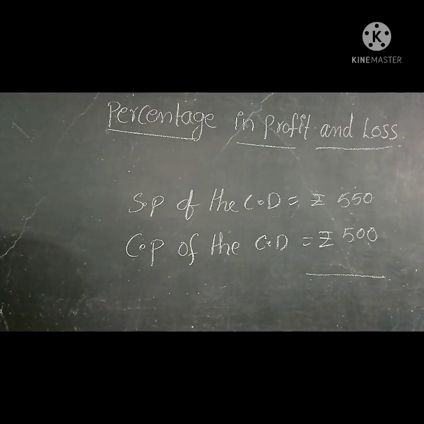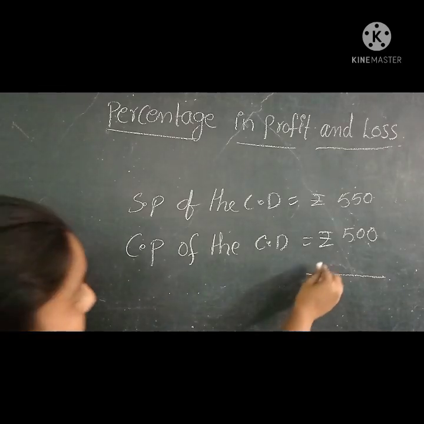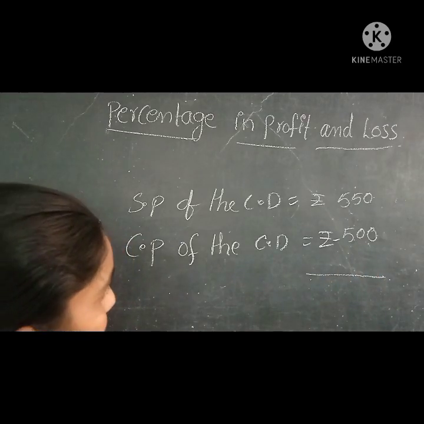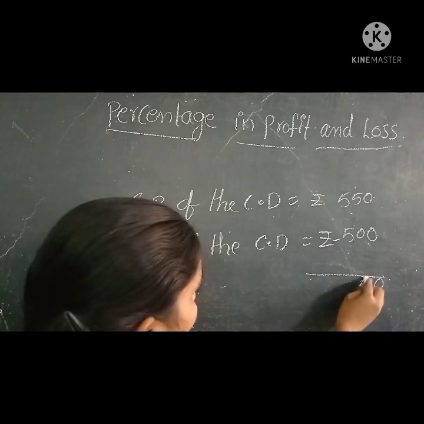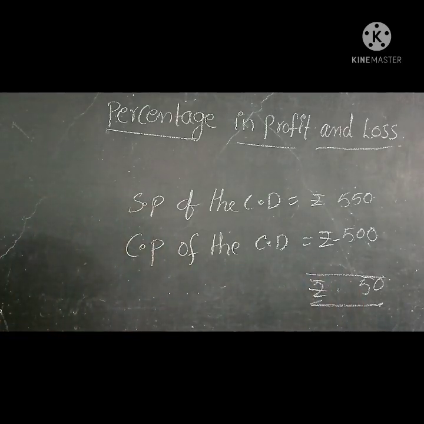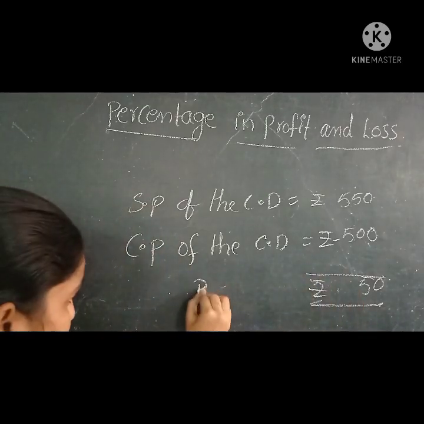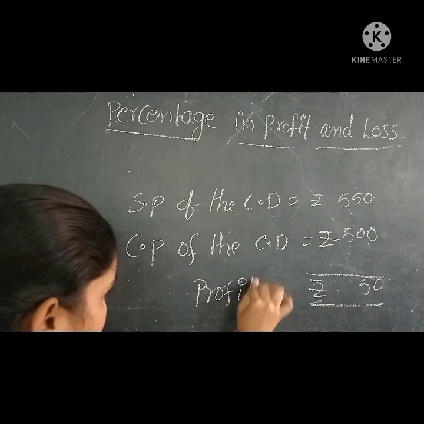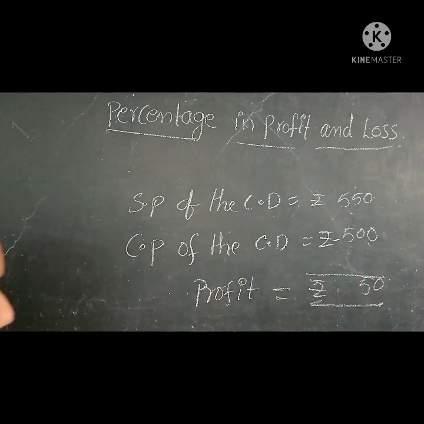Now do the subtraction. 0, 5, 50 rupees. So profit is equal to how much? Profit is equal to 50 rupees.